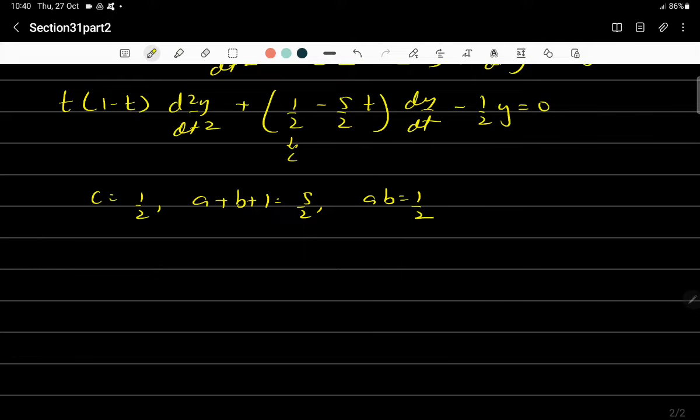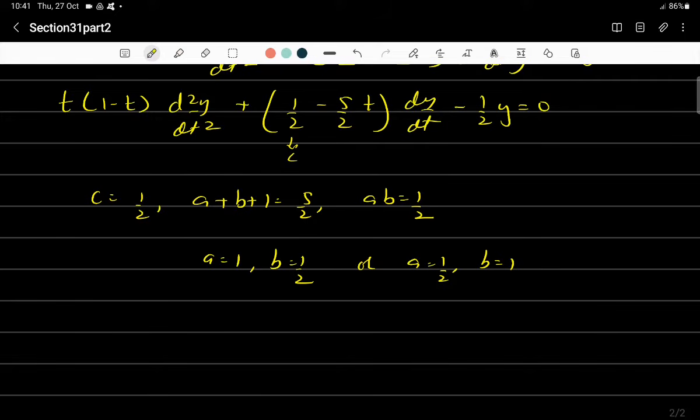But by clear observation also, you can choose a is equal to 1 and b is equal to half, or you can choose a is equal to half, b is equal to 1, because F of a, b, c, x is the same as F of b, a, c, x. So this will satisfy both the conditions, and now you can write down the solution about t is equal to 0.